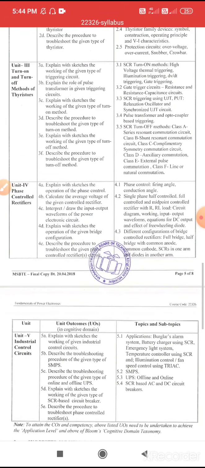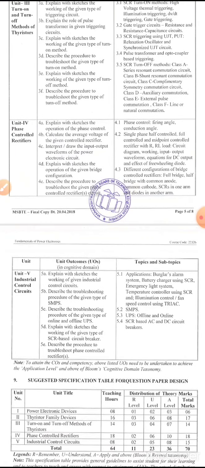Okay, now moving towards the next chapter, unit number 5, industrial control circuits. Industrial control circuits are those circuits which use power electronic devices, or applications based on power electronics engineering, such as burglar alarms, battery charger, emergency light system, temperature controller, speed controller, switched mode power supply, which is nothing but the SMPS.